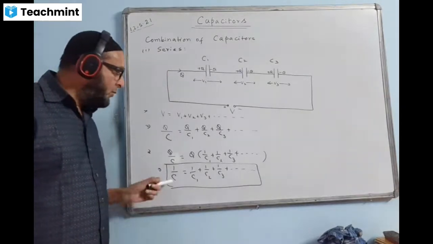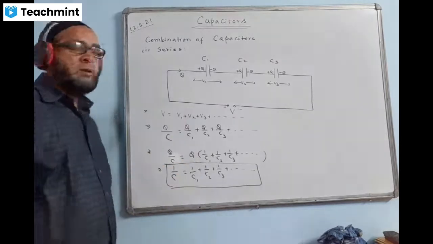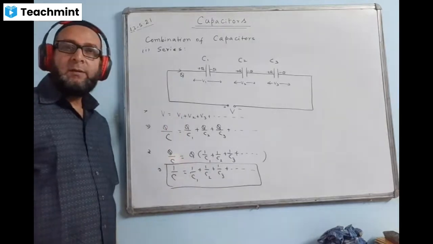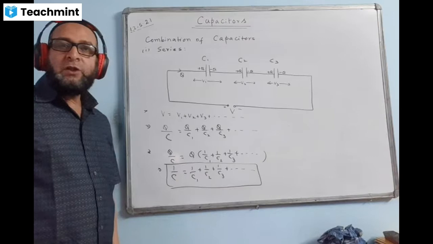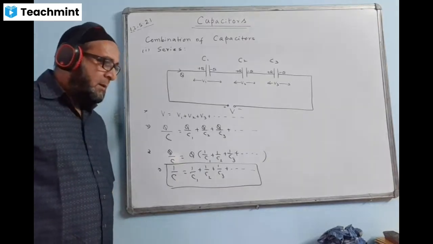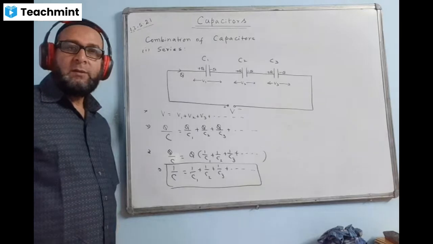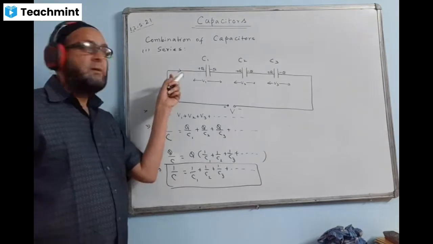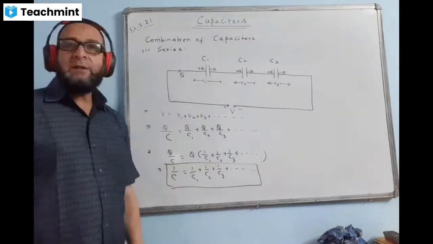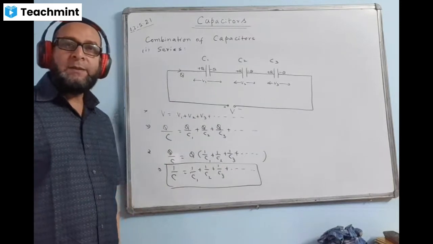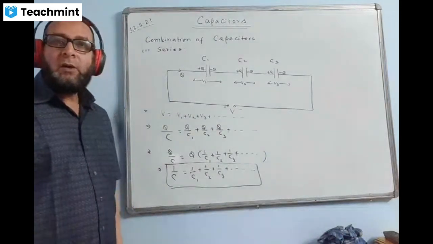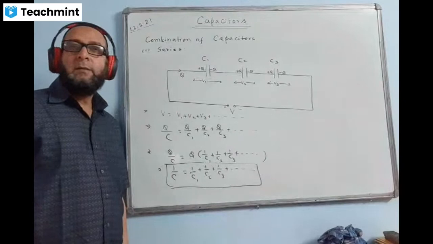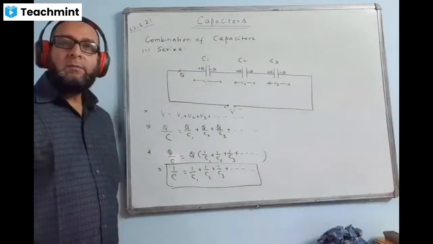Okay. Now you can write down below this, in series combination of capacitors, the charge on each of the capacitors is the same, but potentials are divided.